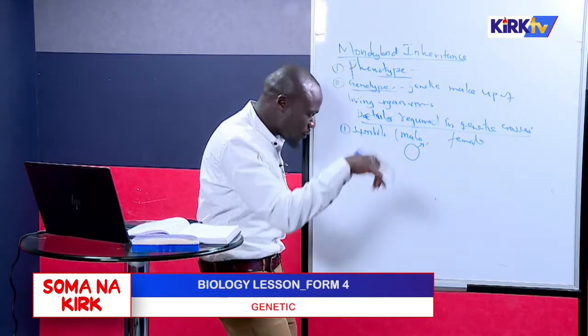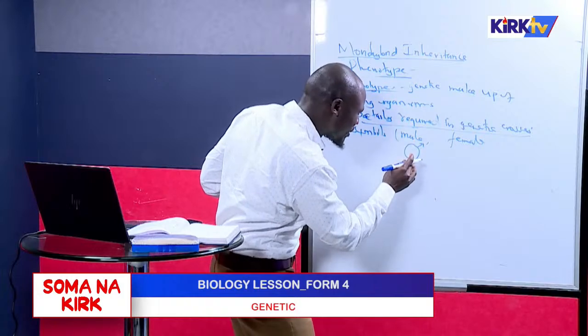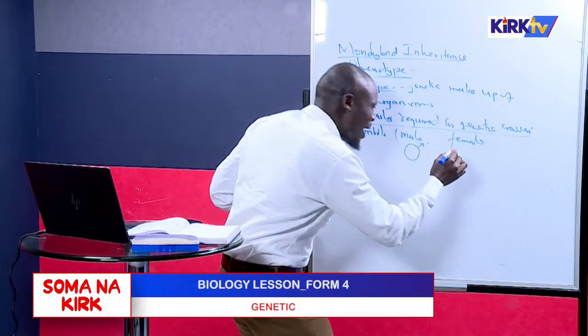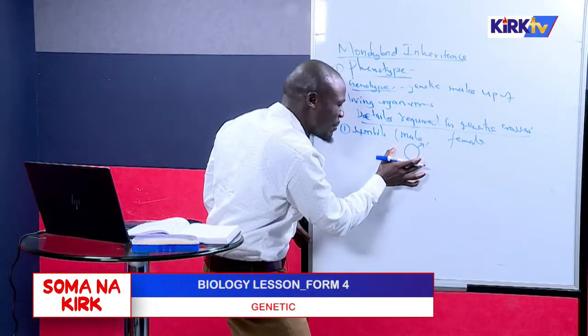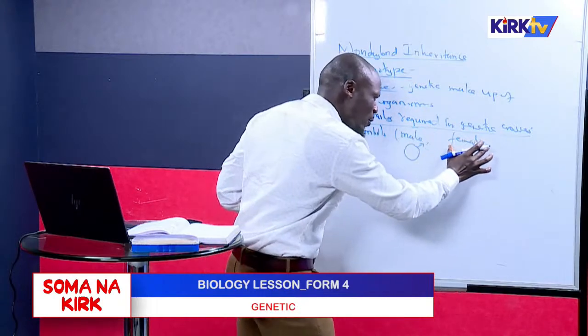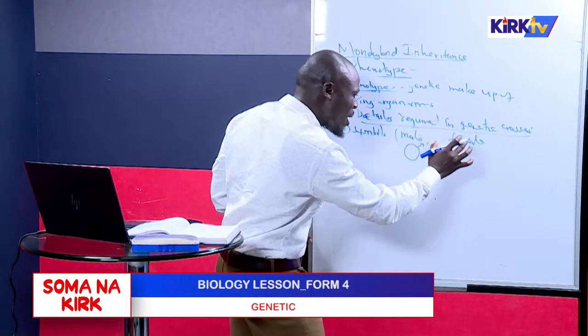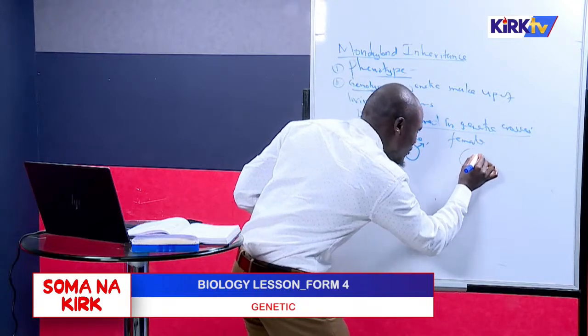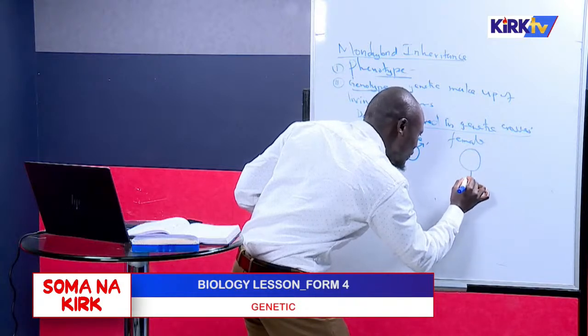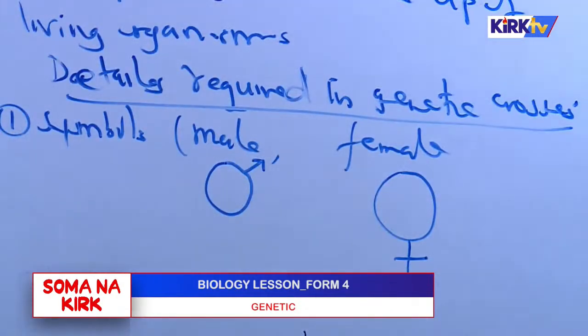It must touch the edge of the circle. This one represents the male. And if you want to know the one that is representing the female, you'll have a symbol like this one. That one represents the female.